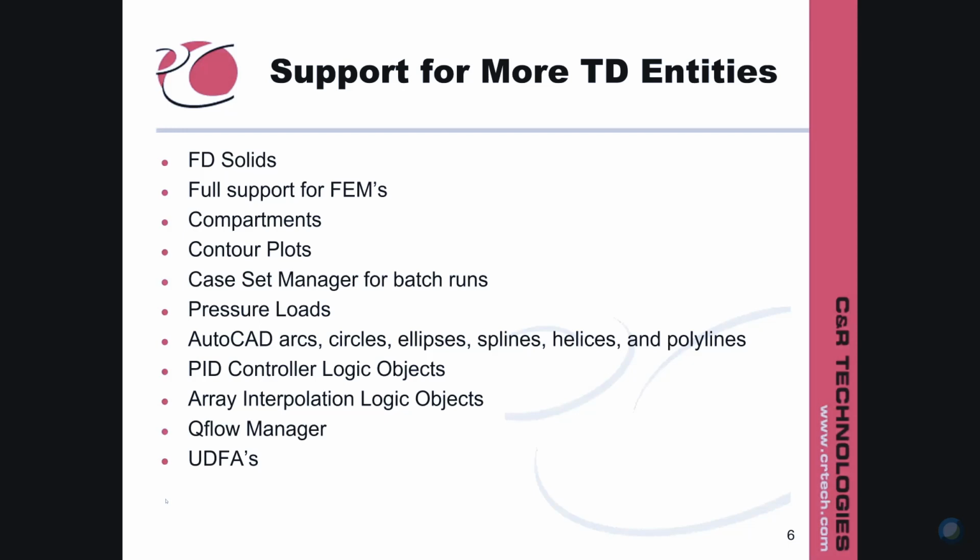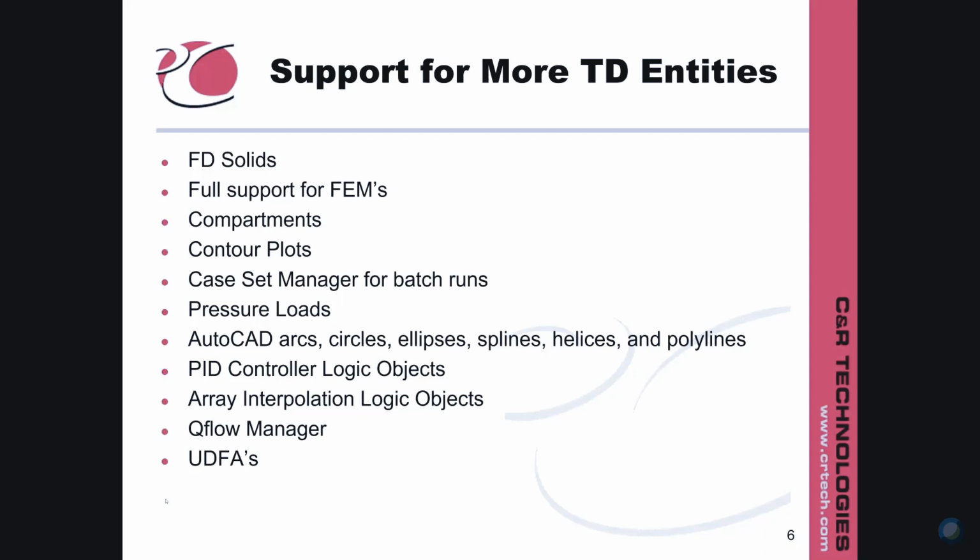We had support for case sets in the earlier versions, but now we've got support for running batch runs in the case set manager. Before you had to look at each case set by itself. Now you can set up batch runs and run them just like you're running in the GUI. We have support for pressure loads and a bunch of new AutoCAD entities, a bunch of line types.